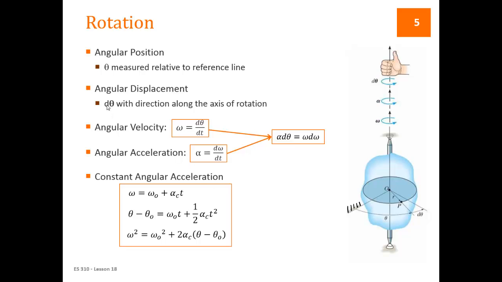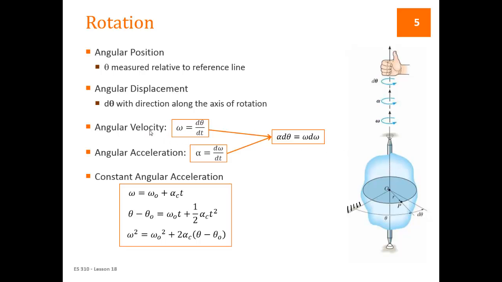dθ is some change in θ, and the direction of dθ is the axis of rotation. So you use your right-hand rule again. Your fingers curve in the direction of dθ. If your thumb points upwards, it's a positive rotation. Downwards, it's negative, but it will always be along the axis of rotation.